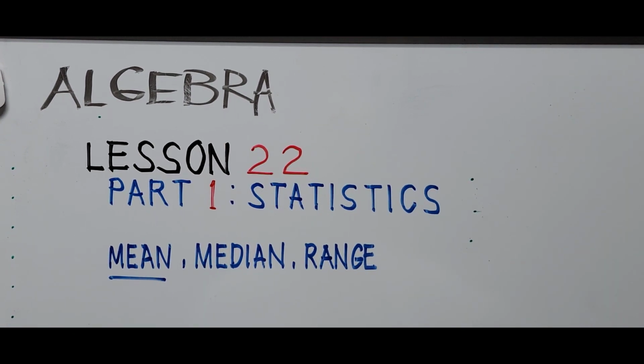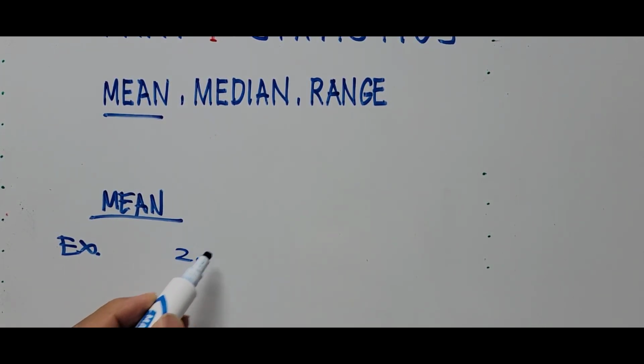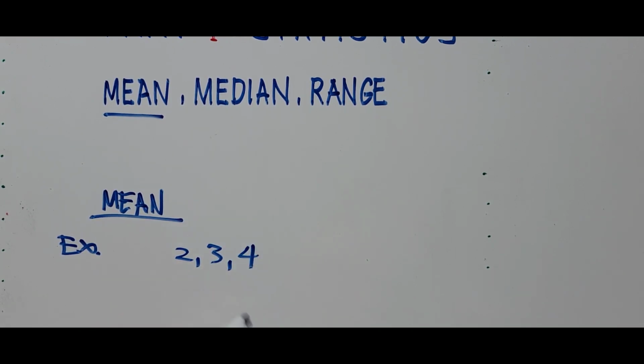Let's say, for example, we have a data set of 2, 3, and 4. To find the mean simply means to find the average. That means we need to find the total of these values divided by the number of values: 1, 2, 3.